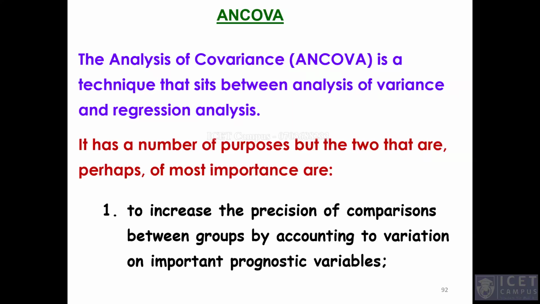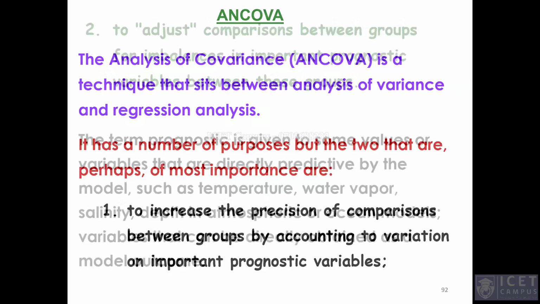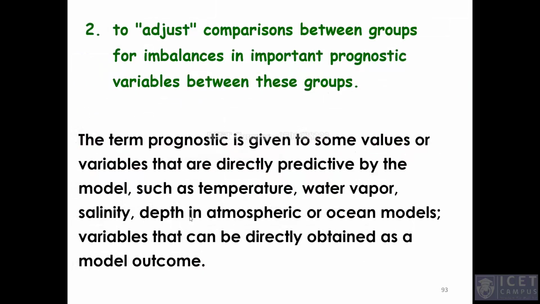It has a number of purposes, but the two that are perhaps of most importance are to increase the precision of comparisons between groups by accounting for the variation in important prognostic variables, and to adjust the comparisons between groups for imbalance in important prognostic variables between these groups.